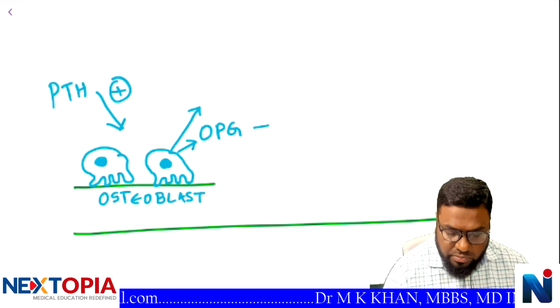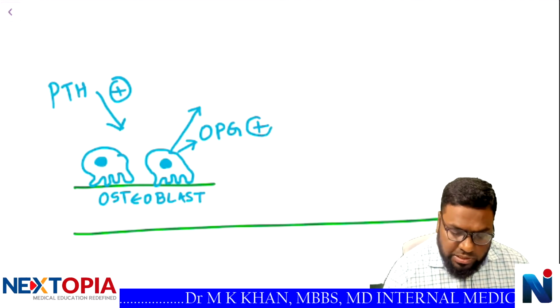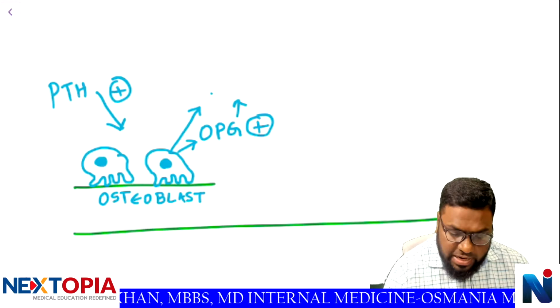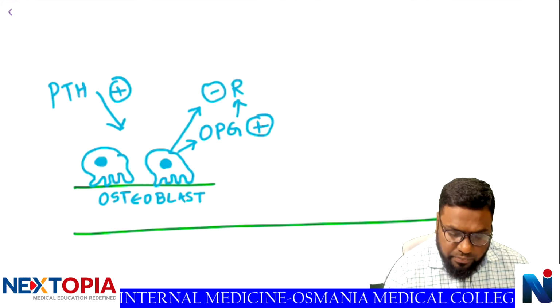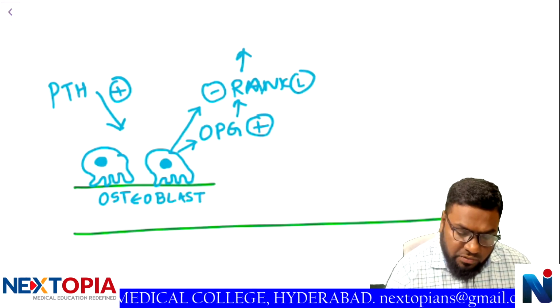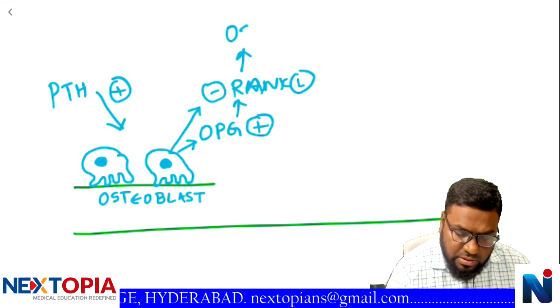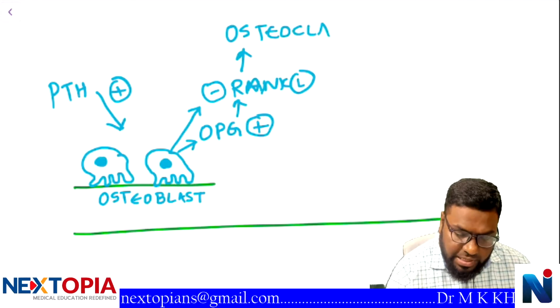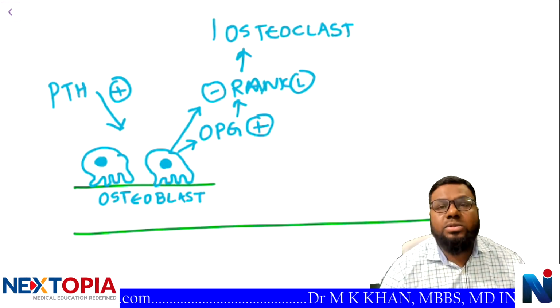Simultaneously, this OPG will cause inhibition of RANK ligand. Hence, the activity of osteoclast is decreased. There is reduced activity of the osteoclast.